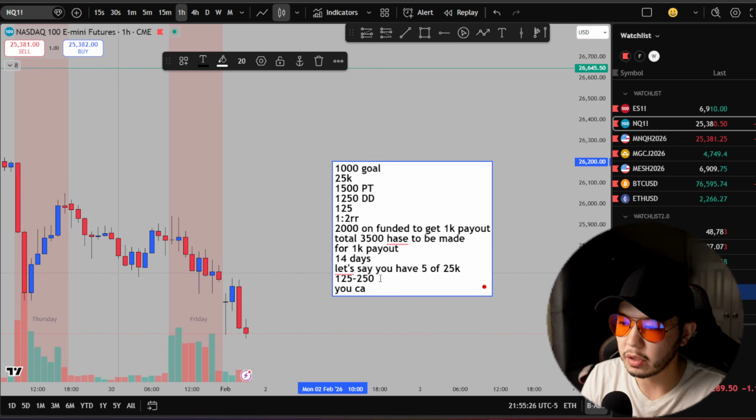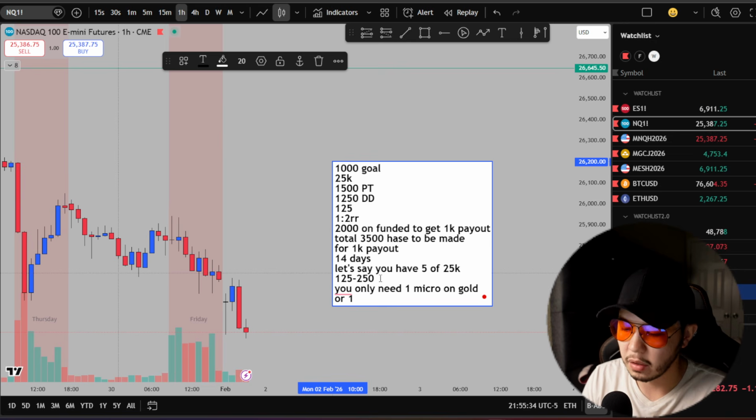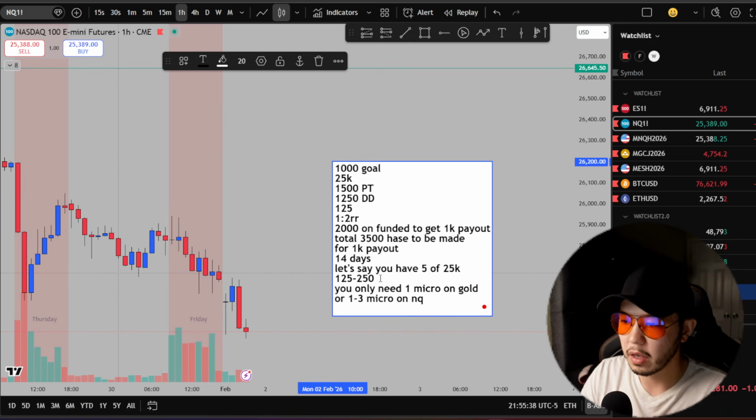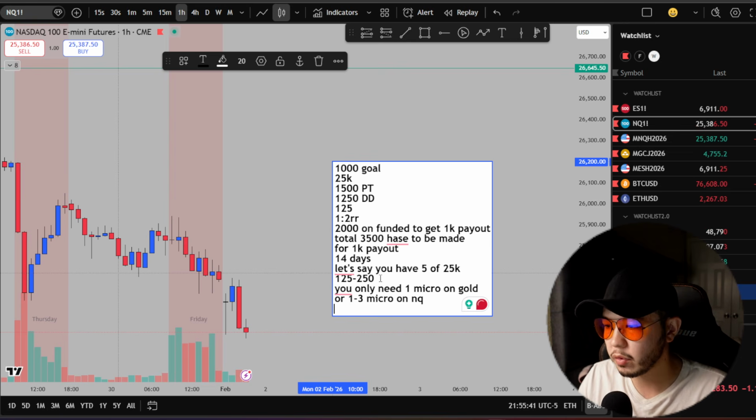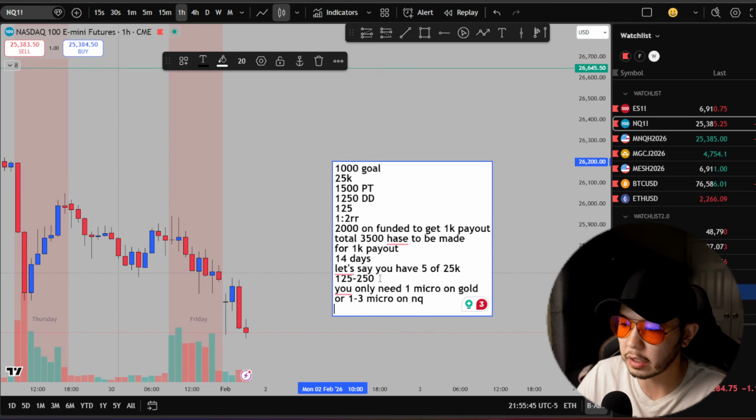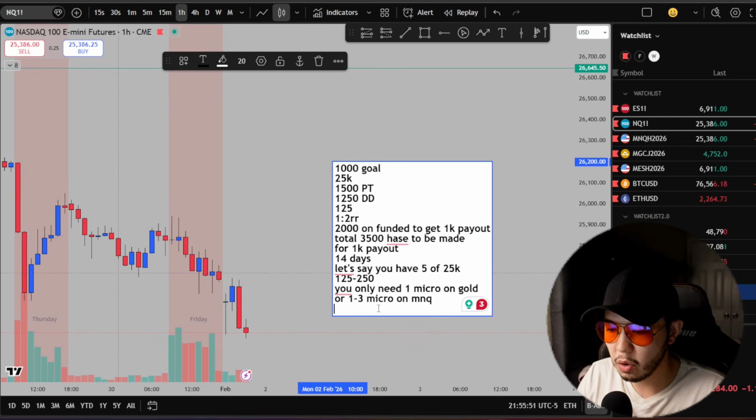And you only need 1 micro on gold or 1 to 3 micro on NQ, MNQ technically, micro Nasdaq. They'll just take away all your stress.